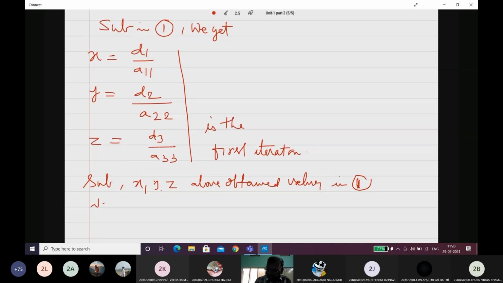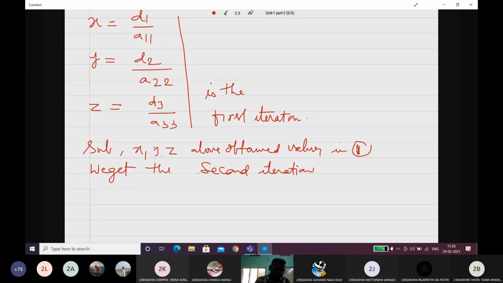We get the second iteration, the second approximation. We call this first iteration x1, y1, z1.